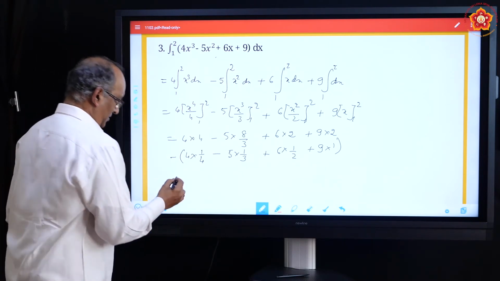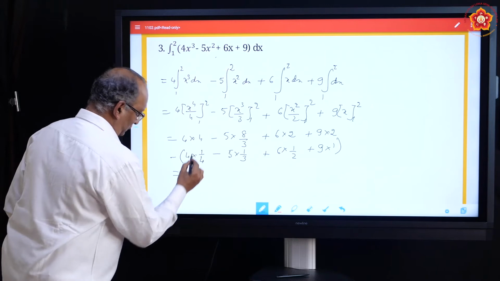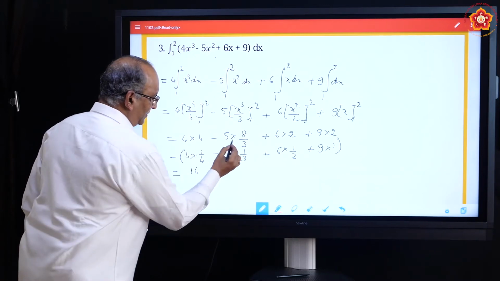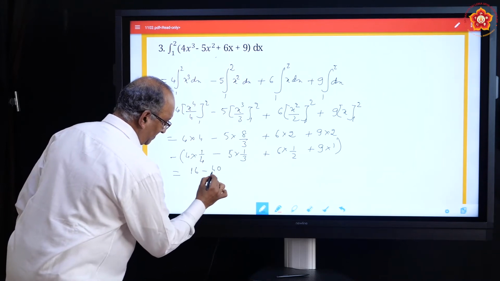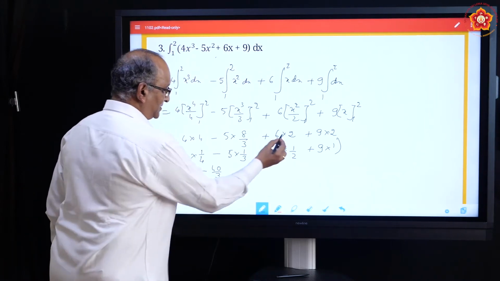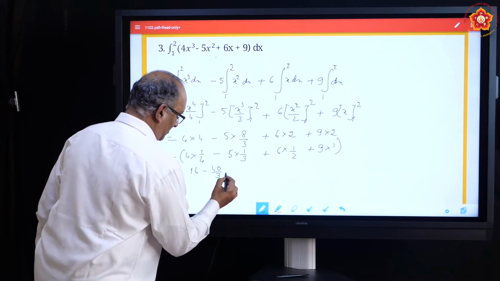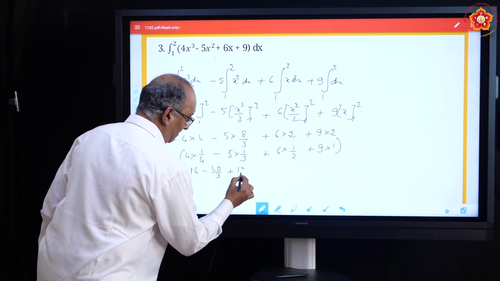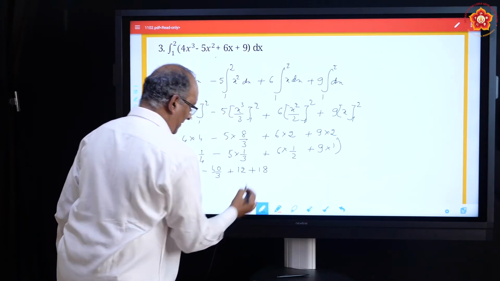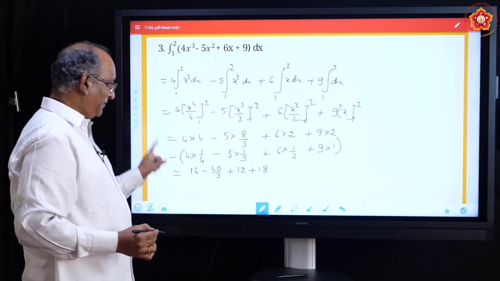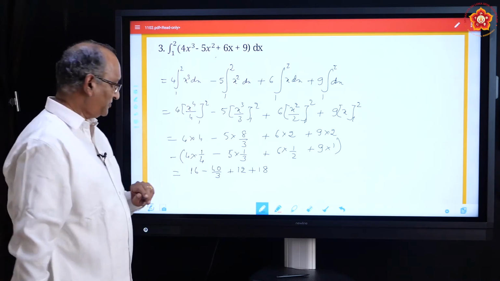So write down. You get 4 4s are 16. 5 8s are 40 by 3. 6 2s are 12. 9 2s are 18. And then while writing this, you open the bracket also, multiply all terms with minus.